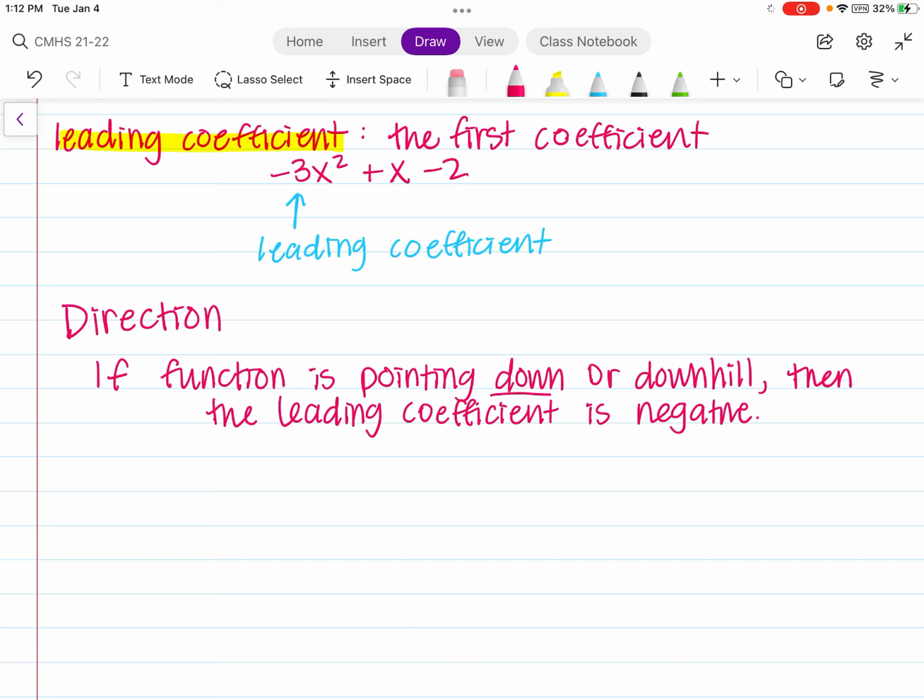If the function is pointing down or going downhill, then that leading coefficient is negative.